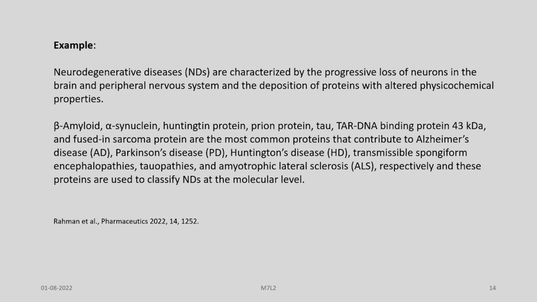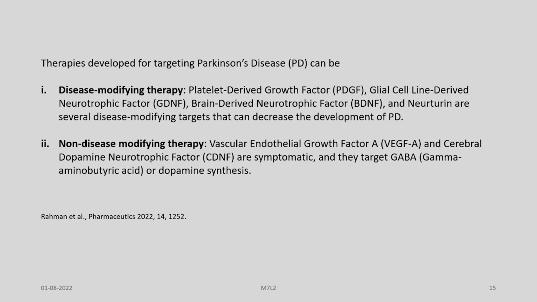Certain proteins like beta amyloid, synuclein, Huntingtin protein, prion, tau, and so on are the most common proteins that contribute to diseases like Alzheimer's, Parkinson's, Huntington's, transmissible spongiform encephalopathies, tauopathies, amyotrophic lateral sclerosis, etc. And these proteins are used to classify the NDs at the molecular level.